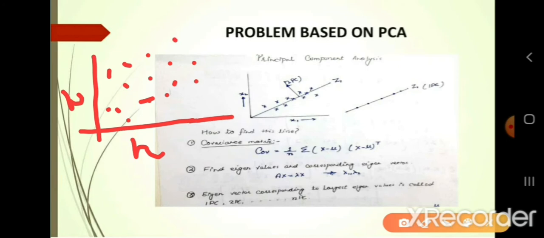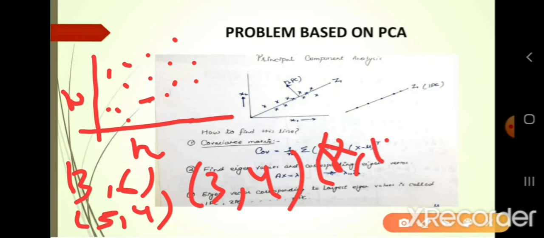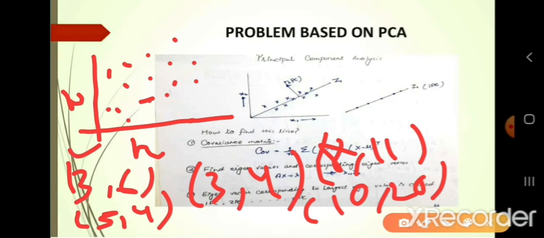The data points are, suppose, 3, 6, 5, 4, 3, 4, 8, 11, 10, 20. This is height and this is weight. Similarly the data points are distributed this way.